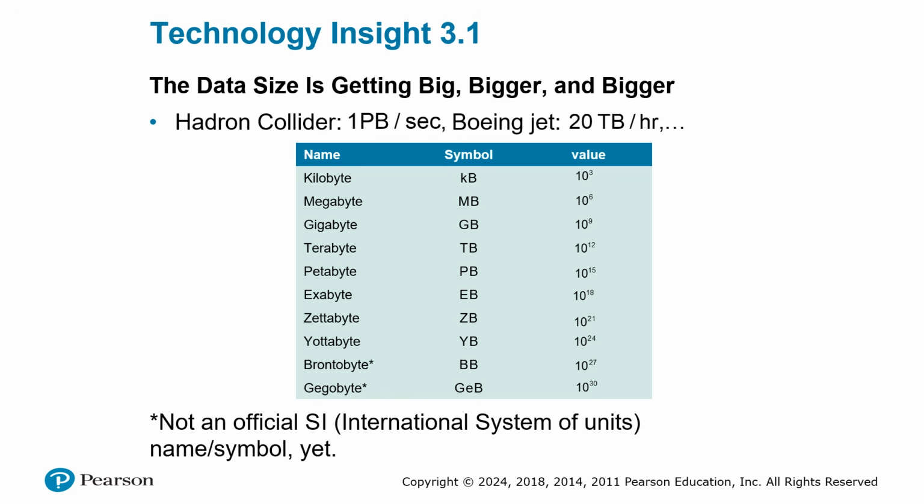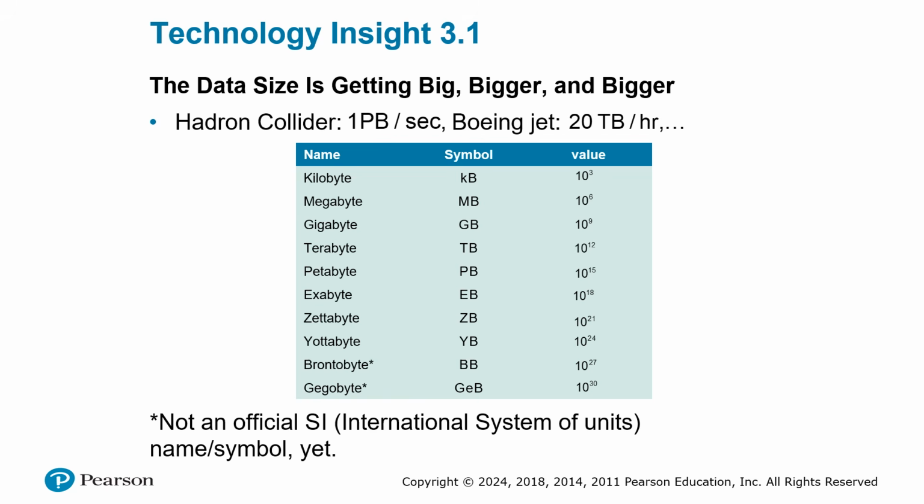Now we are talking about the technology side, like how data size is getting bigger and bigger. This is straightforward, and you can get it from any book or the internet. Kilobyte is KB, which we can simply say is 10 power 3. The megabyte is 10 power 6.